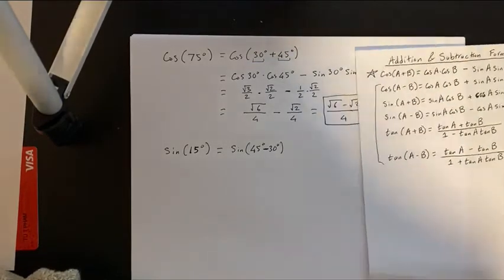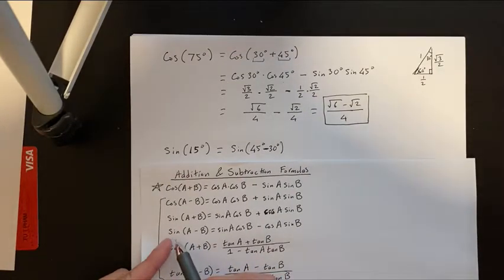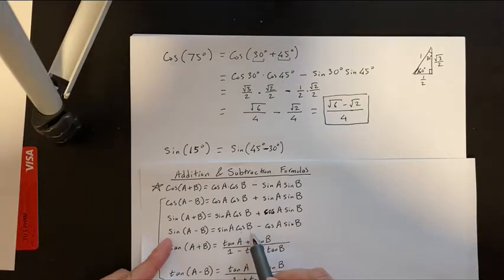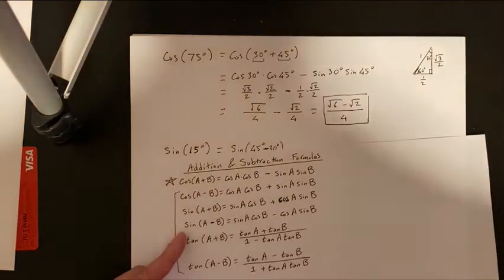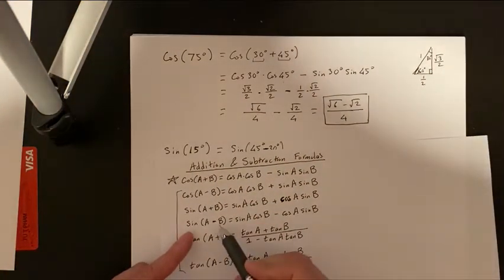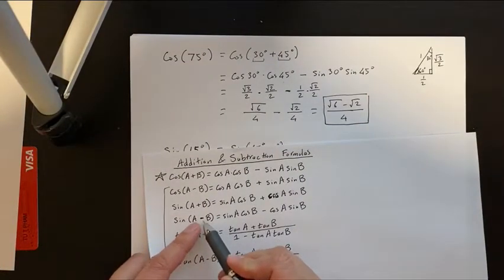So now I get to use the difference formula of sine. So if I take sine of A minus B, it's going to be equal to sine of A multiplied with cosine of B minus cosine of A sine of B. Okay. Now notice when you look at this formula, it's A minus B. So wherever B is, it's not going to include that subtraction.